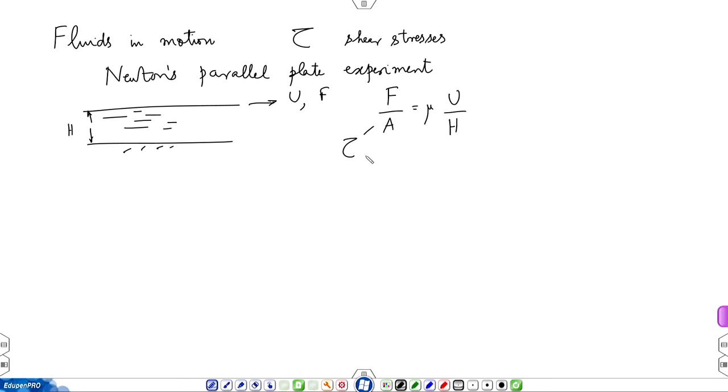So, when you say it is proportional, it means the proportionality constant mu is independent of U over h.